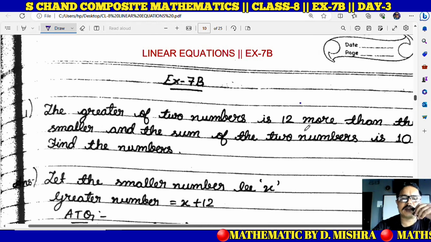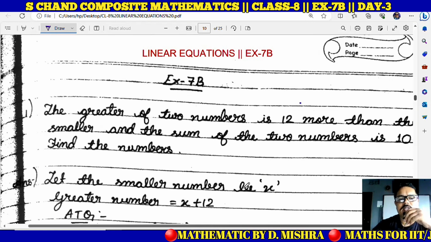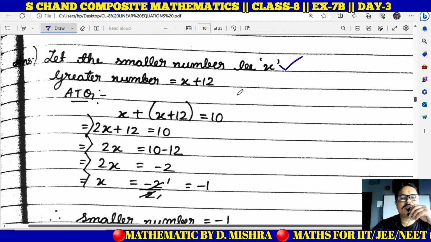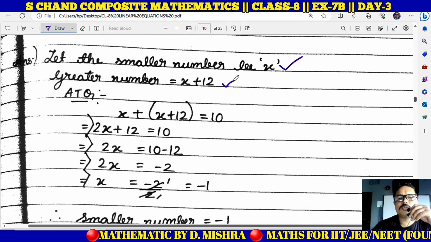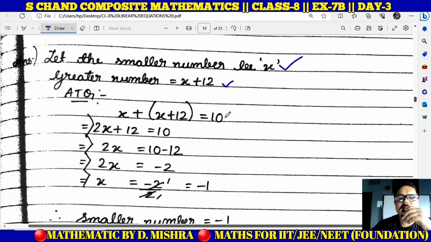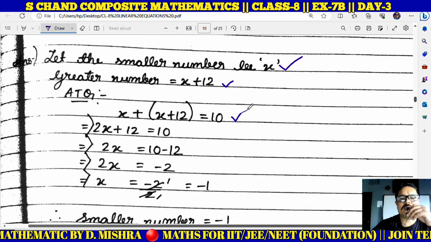Smaller से वो 12 क्या है, ज़्यादा है. So in this case, if we assume that the smaller number is x, then the greater number will be x plus 12, as the greater number is 12 more than the smaller number, and the sum of these two numbers is 10. So according to the question we can write x plus x plus 12 is equal to 10.